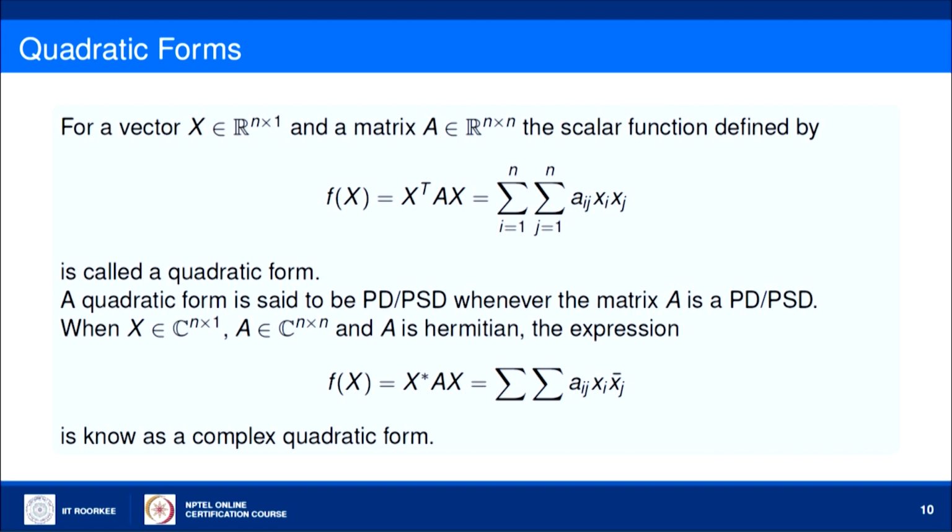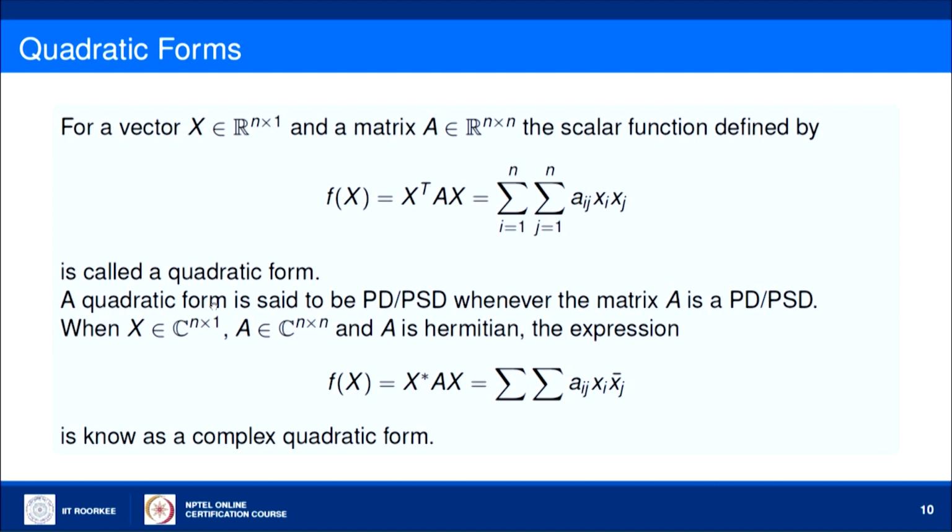For a vector x which is a real vector in R^n having n components, and a matrix A which is a real matrix of size n by n, the scalar function defined by f(x) equals x transpose Ax, and in summation form, if the entries of A are denoted by Aij, it can be written as the sum over i equals 1 to n, j equals 1 to n of Aij xi xj, is called a quadratic form.